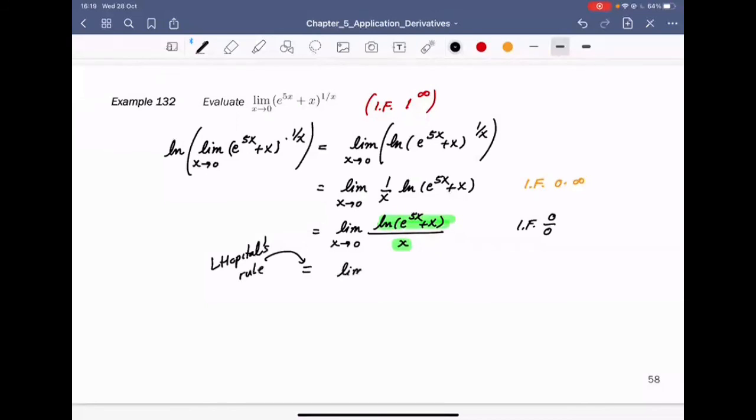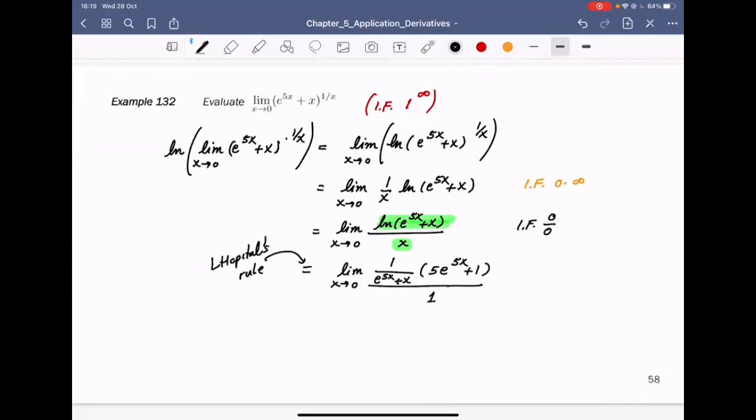And then I differentiate that. We need to differentiate log u, so I get 1 over e to the 5x plus x. Then we differentiate the inner function e to the 5x plus x, and I have 5 e to the 5x plus 1.